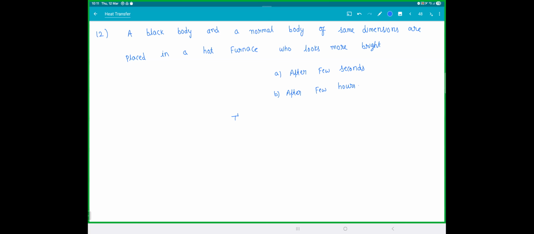Then the question is not over. Then they're removed from the furnace and placed in a cold, dark room. Again, same question. Who looks bright after a few seconds and after a long time, or after a few hours?